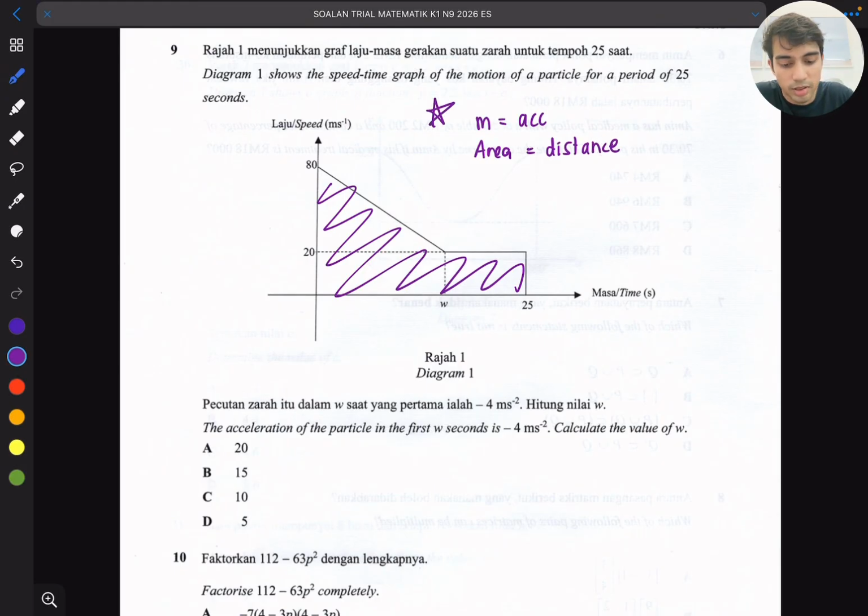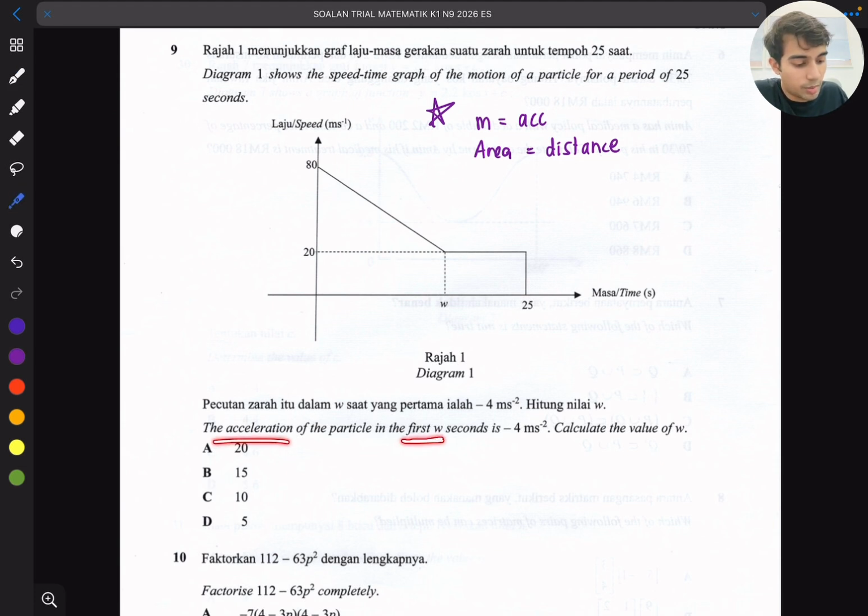Okay, so you can remember. Right. Let's see what the question wants. Acceleration of the particle in the first W seconds is -4. Acceleration is represented by gradient. That means they are saying the gradient here is -4. Calculate the value of W.